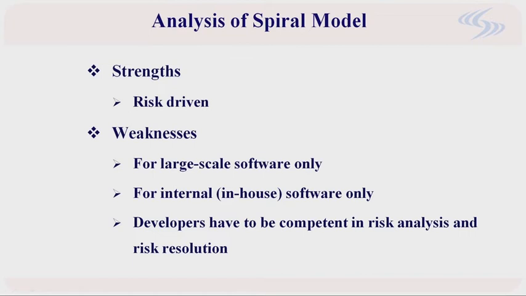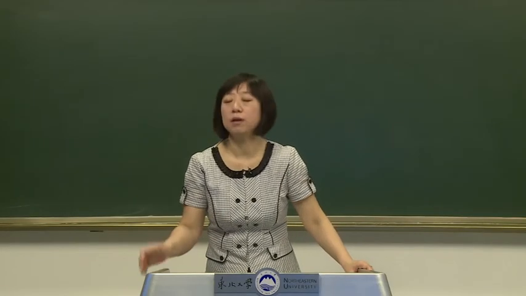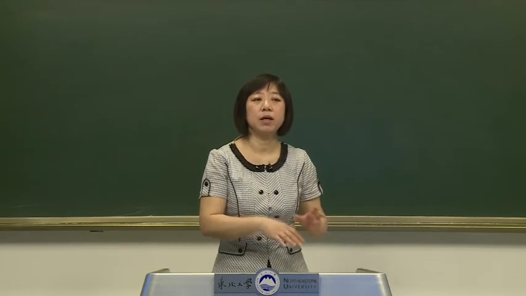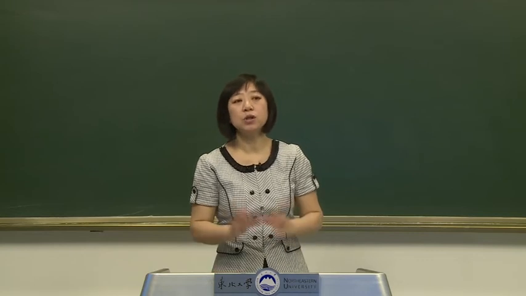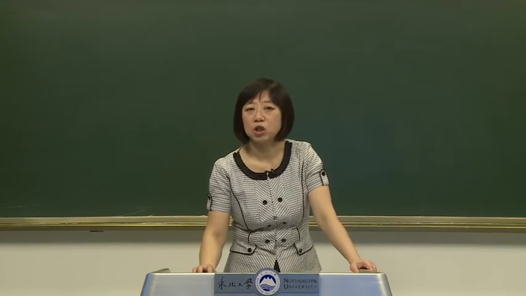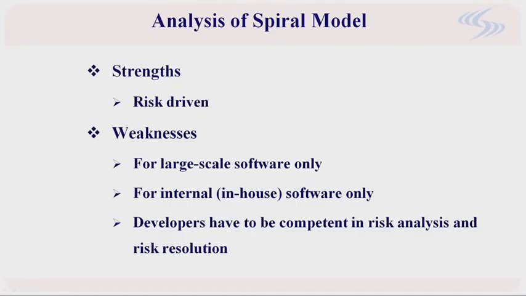Let's suppose this target software is based on a contract, and even though some risk has been found, the software system cannot be terminated because the contract won't allow it, right? But if this software system is just internal, surely it will be okay to just terminate it. If some software is too large, that means too big a risk, and then it will be worthwhile to use this model to try to avoid more loss.